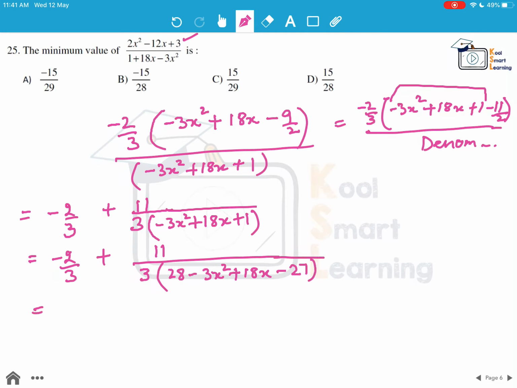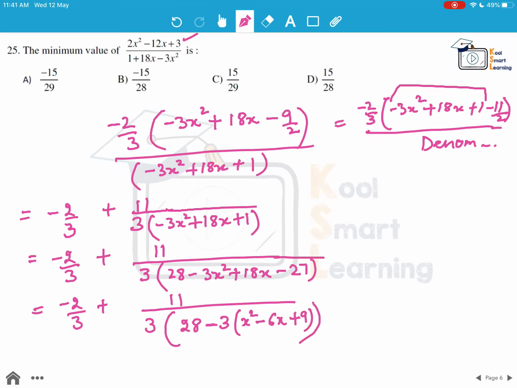Right? Again we write it as 28 minus, if we take out 3 common, we get x square minus 6x plus 9.